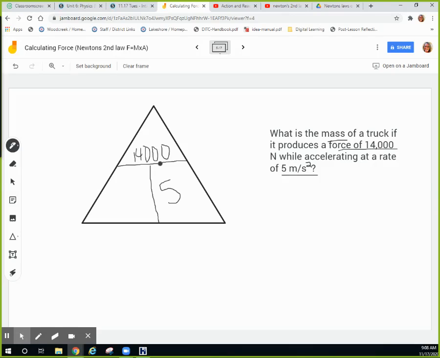So we need to divide, and the answer is 2,800 kilograms. So when you divide 14,000 by 5, you get 2,800 kilograms. Put my unit.